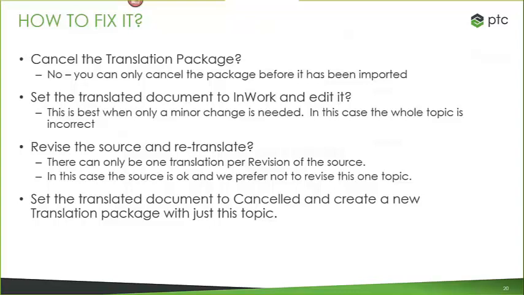Instead, we're going to set this translation, which we know was bad, where something went wrong with that specific translation, to canceled. And then when we create the new translation package, it will realize that the other document was translated successfully, and it'll give us a package just for that one document that was bad.